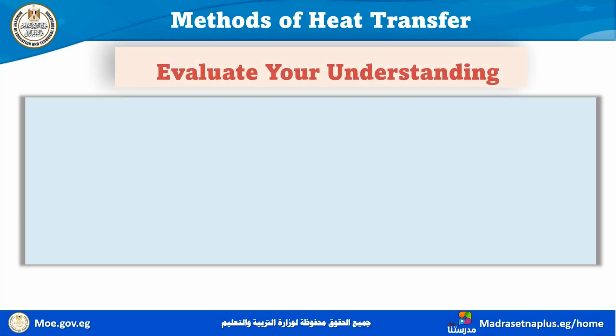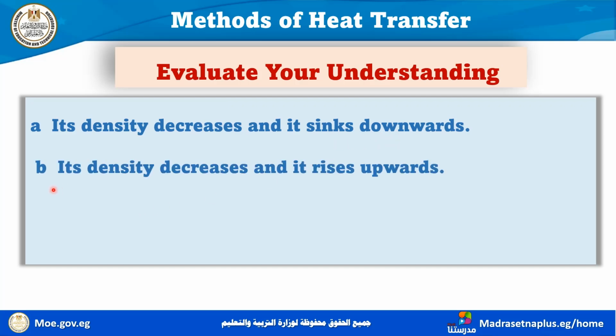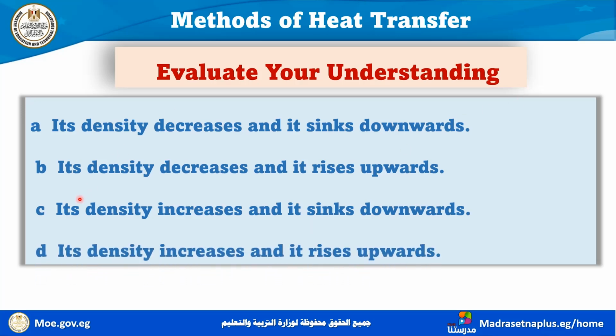Let's see our choices. The first one: its density decreases and it sinks downwards. The second one: its density decreases and it rises upwards. C: its density increases and it sinks downwards. D: its density increases and it rises upwards.